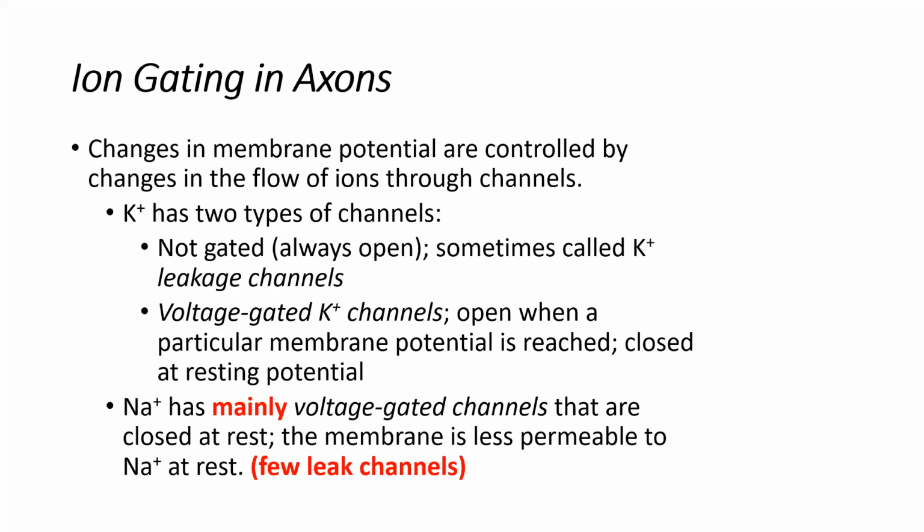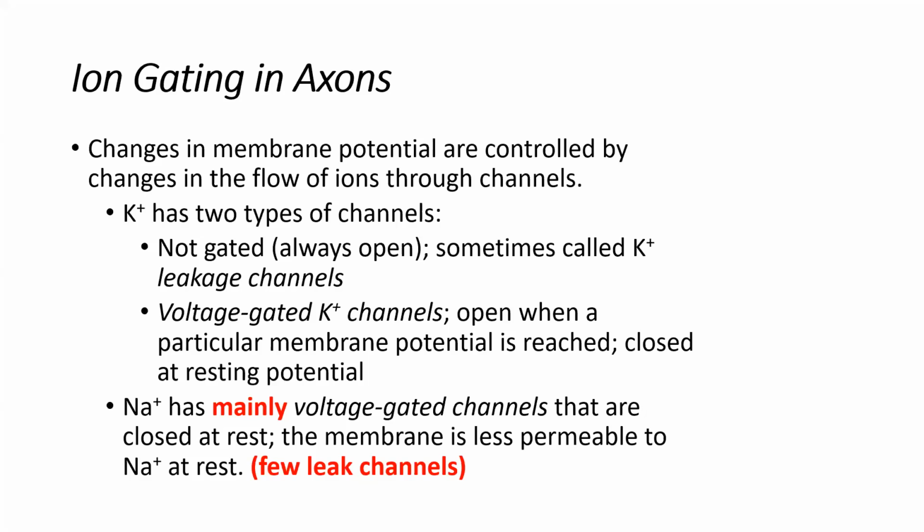We've also got voltage-gated channels, which open at a particular membrane potential and then close when that gets back to rest. So potassium is going to be slightly more straightforward in that, as far as the voltage-gated channels, there's only one mechanism for opening and closing that channel. And I'll explain more about what that means coming up here.